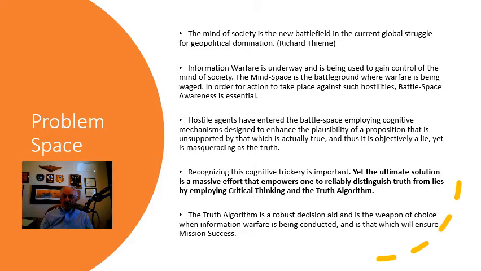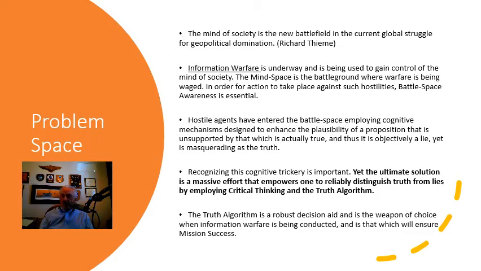Information warfare is underway and is being used to gain control of the mind of society. The mind space is the battleground where warfare is being waged. In order for action to take place against such hostilities, battle space awareness is essential.